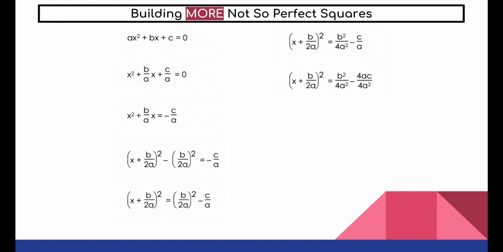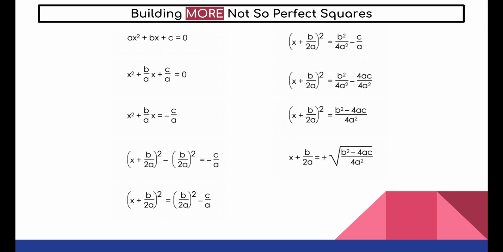I can now group those into one giant fraction. All I've done is combined like terms so that I have b squared minus 4ac all over 4a squared. I now have a perfect square on my left side of the equation, and I have this giant fraction on the right. But I can take the square root.